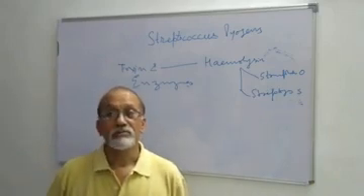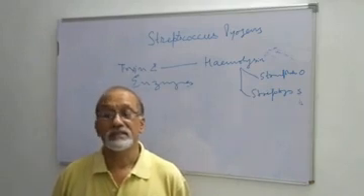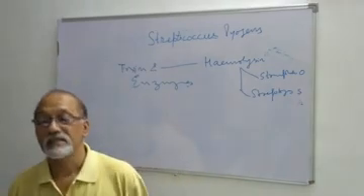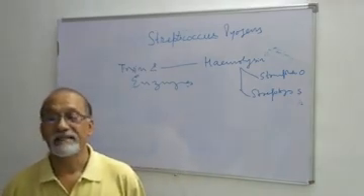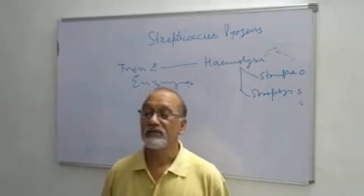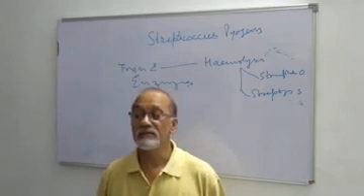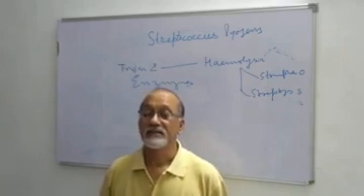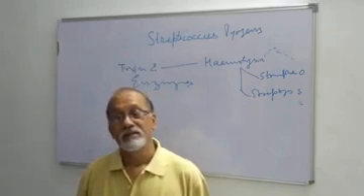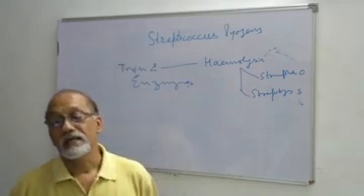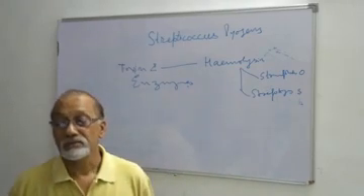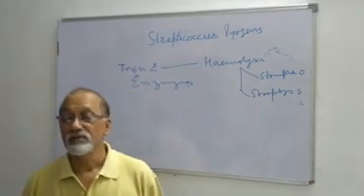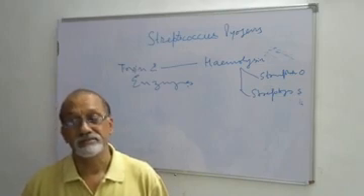Streptococci produce two types of toxins, streptolysin O and streptolysin S. They are responsible for the clear zone of beta hemolysis around the colonies on blood agar media. While streptolysin O is so called because it is oxygen labile streptolysin.